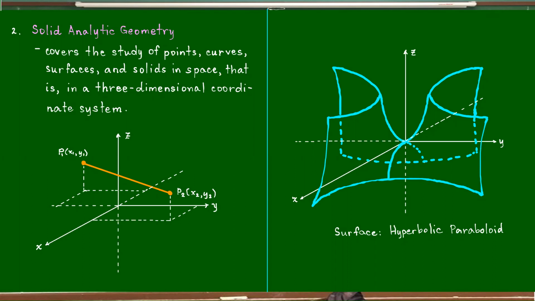So again, we have the rectangular coordinate system, cylindrical coordinate system, and spherical coordinate system. Again, solid analytic geometry is not part of our syllabus. We will be focusing only on plane analytic geometry.